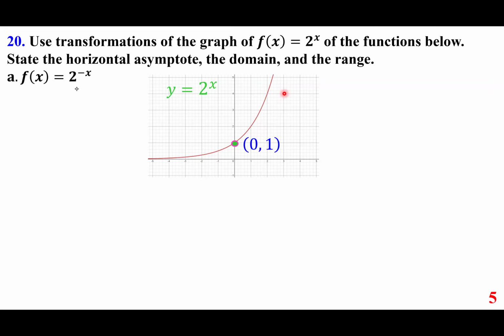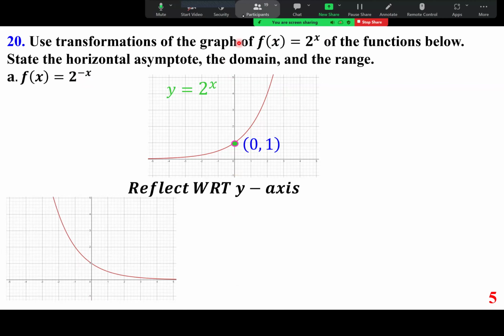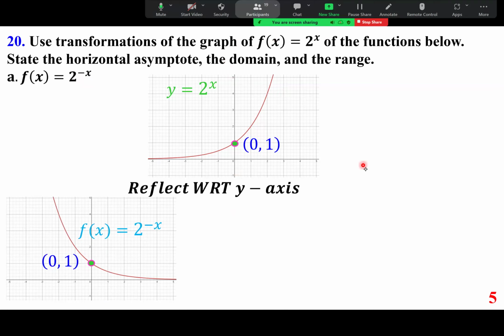Now we want f of x equals 2 to the power of minus x. x changes to minus x. That means reflection with respect to the y-axis. Looking like this, and 0, 1 still has the same location. So as you can see, we have the same y-intercept, the same horizontal asymptote, the same range, the same domain, except this is increasing, this is decreasing.